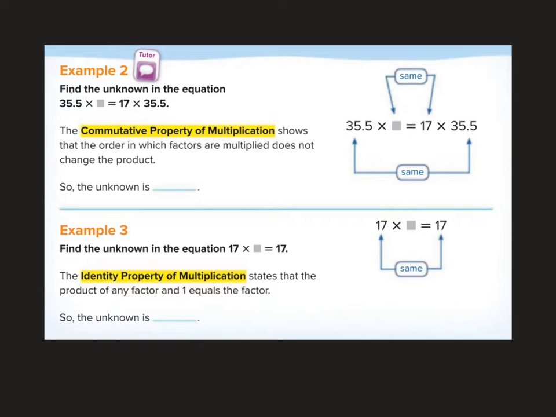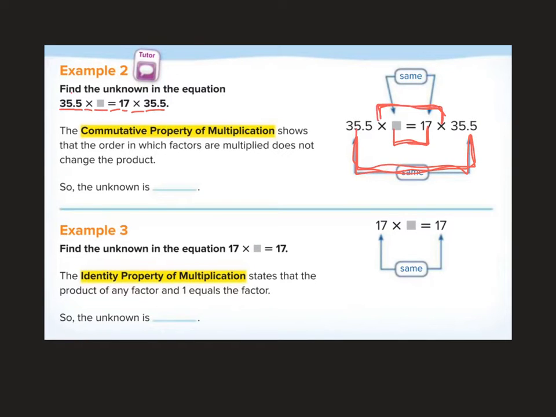Here it says, find the unknown in the equation. 35 and 5/10 times an unknown is equal to 17 times 35 and 5/10. Because these two are the same, we know that these two need to be the same because they're both multiplying.